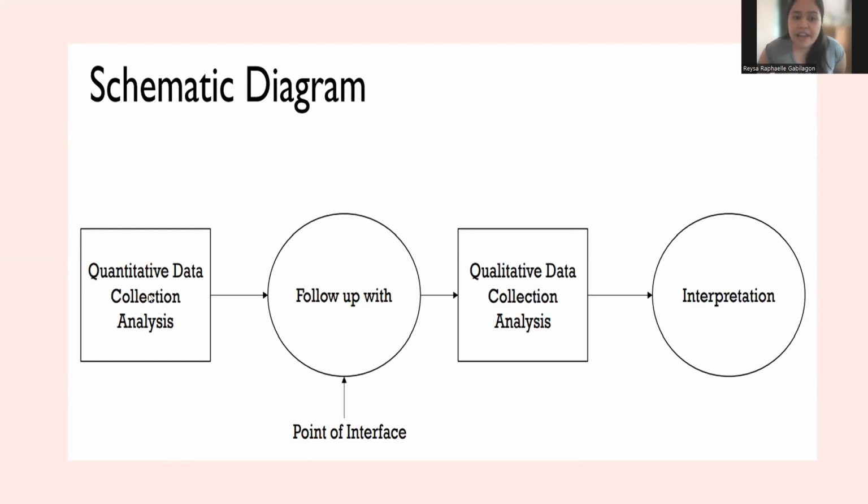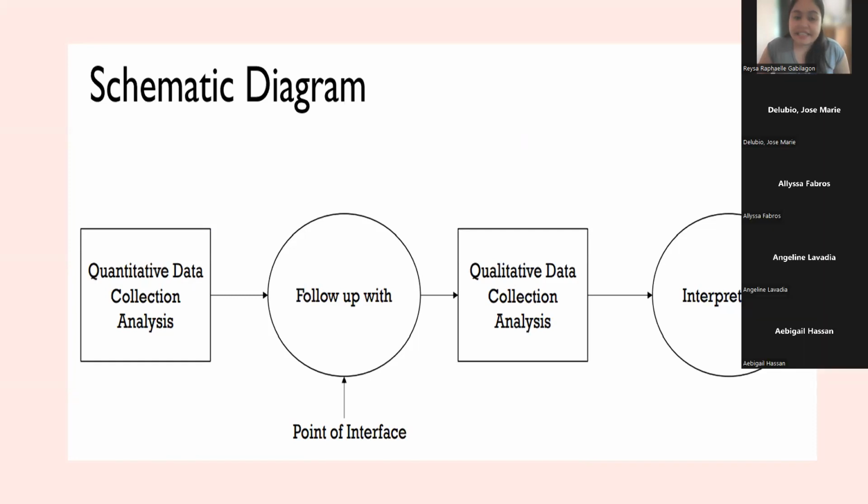You first collect the quantitative data, meaning the numerical data. Yan yung nauna. Okay, this is the sequence. Tapos, after that, you analyze it. And then, you do a follow-up with collecting the qualitative data. And then, you analyze it before you give interpretation.